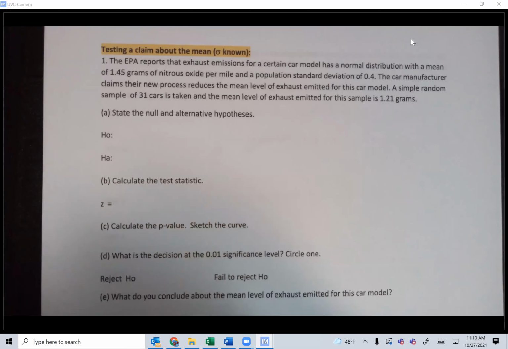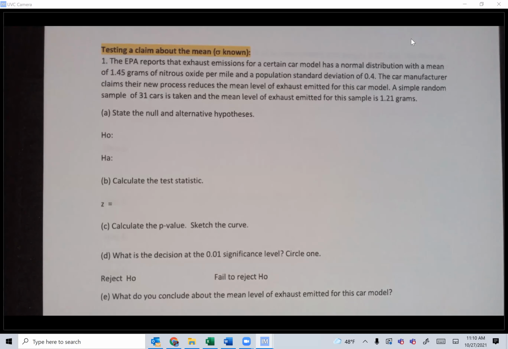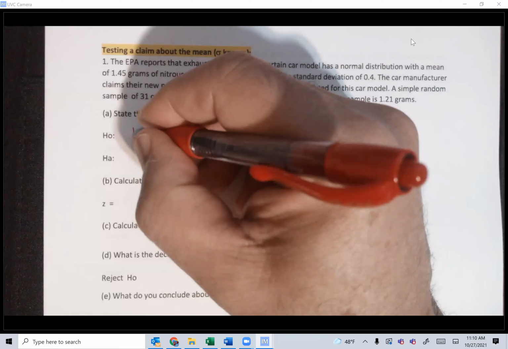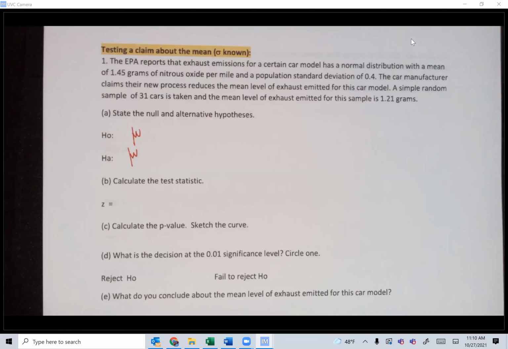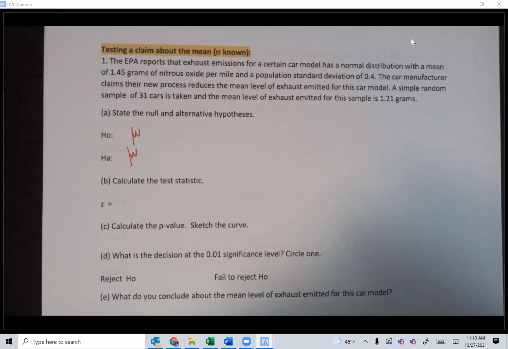Can a student help me state the null and the alternative hypothesis? What would it be, guys? Any suggestions? We know that the exhaust emission is 1.45 grams in general, but a company is making a claim that their new car has a mean level of exhaust lower than that.